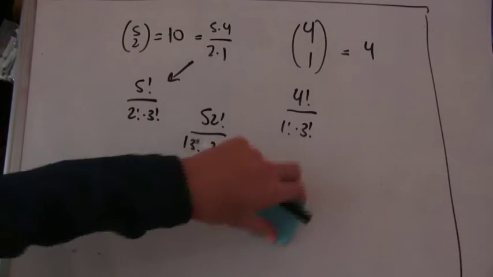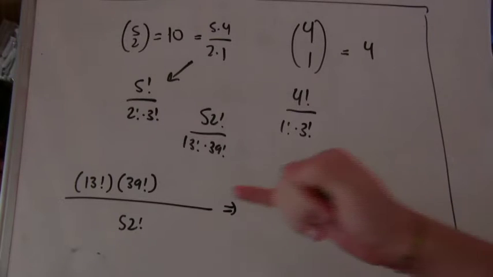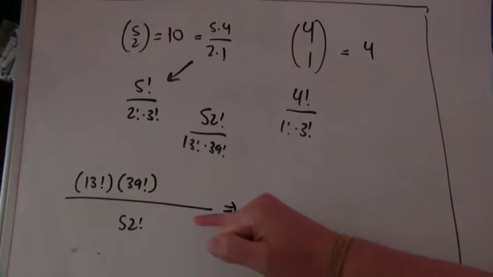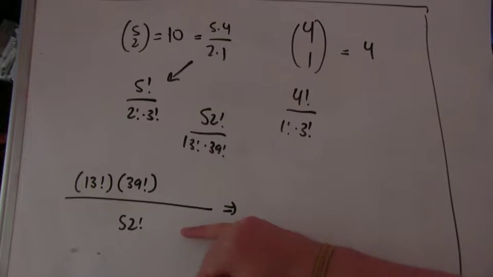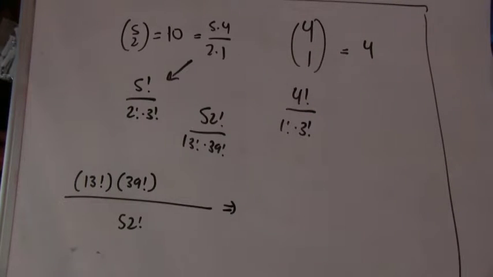Okay, so this is an interesting question. Why do you think the probability that we found, and this was just for one suit, like for getting 13 diamonds when you dealt them out, would be the reciprocal of 52 choose 13?